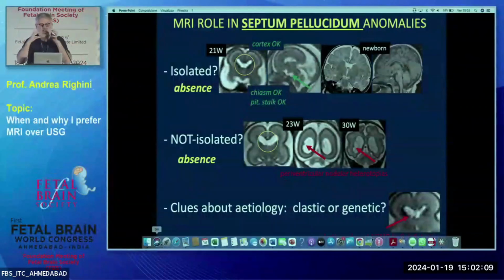So it's all together. So it's not surprising that when you get anomalies in one structure, you very often get anomalies in the other one.